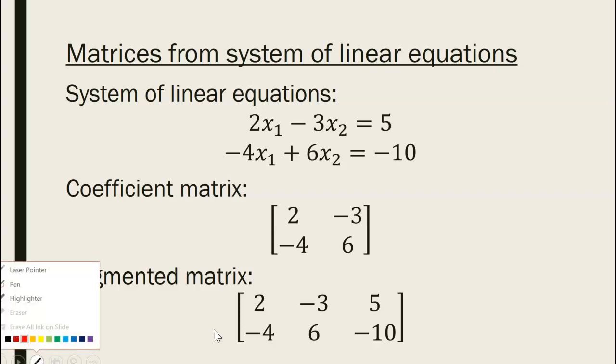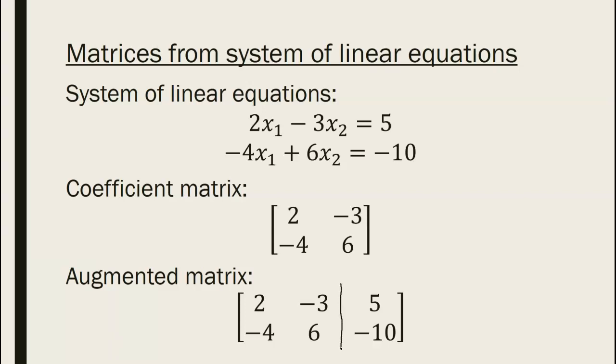Let me see if I can draw that. A lot of times you'll see augmented matrices written with a line thrown in where the equal sign is. Okay, so that's basically all that is.